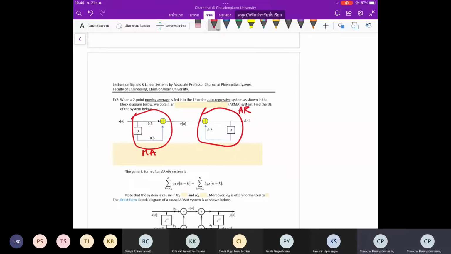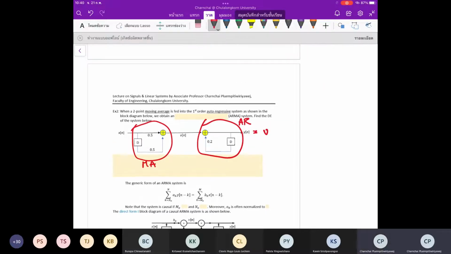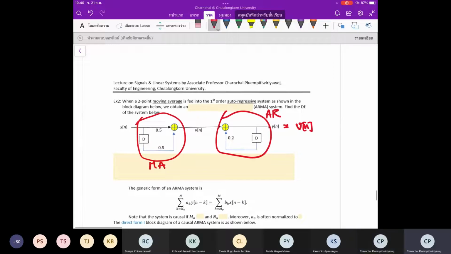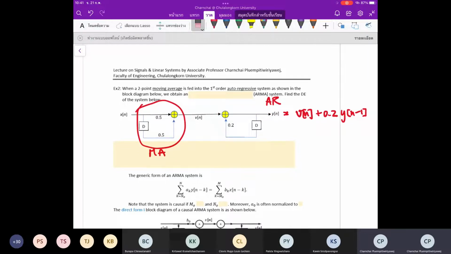We have y[n], right? According to this, y[n] is equal to v[n] plus 0.2 y[n-1], right? Because over here, y[n] goes to the delay.